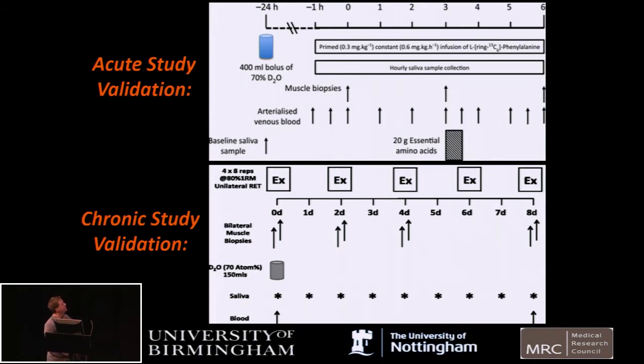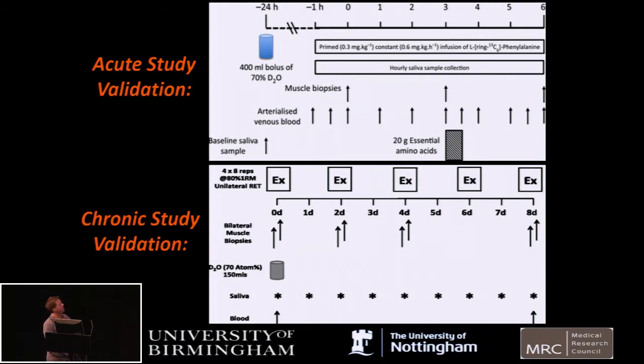This is the first study we did, on the top, in which we gave people a 20-gram, I think it was, bolus of essential amino acids, which will stimulate protein synthesis maximally. And we gave them either 13C6 phenylalanine, or a single bolus of deuterium oxide. In the second study here, we did a study for 8 days.